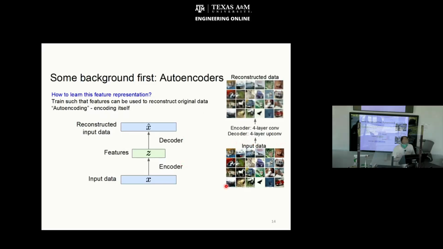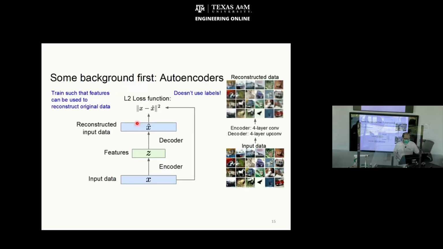Okay, so this is one example. You have the input data, and the encoder, let's talk about it first, is a 4-layer convolution. Then the decoder is a 4-layer up convolution. So one is going down in dimension, and the other is going up, like a U-net. This is what autoencoders look like: encoder, decoder.